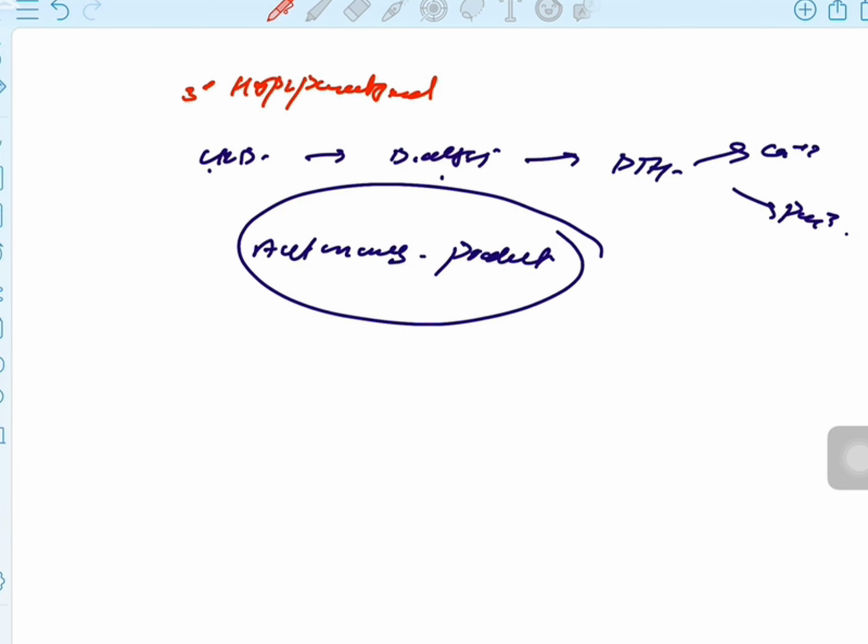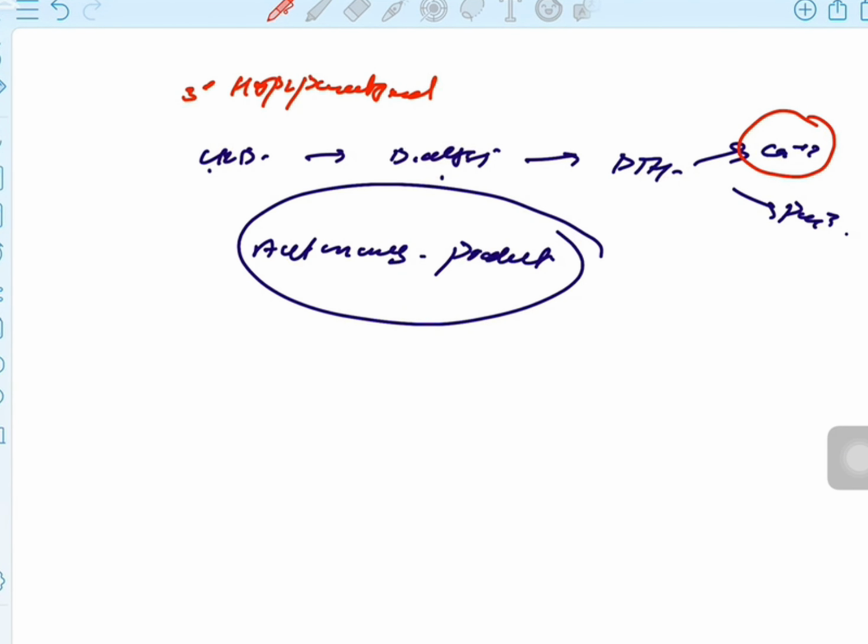How will the examiner ask you the question? The examiner will ask a question like this: a 65-year-old male presents to you with a high level of parathyroid hormone and a high level of calcium. When there is a high level of calcium, what type of symptoms does the patient have? The patient presents with polydipsia, polyuria, constipation, epigastric pain, and also flank pain, which shows kidney stones.